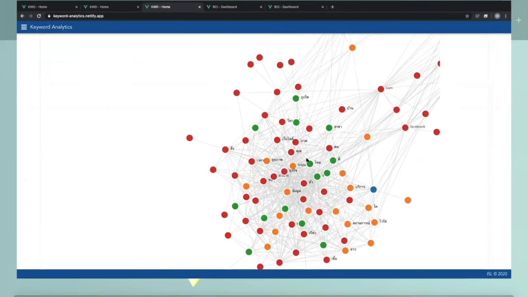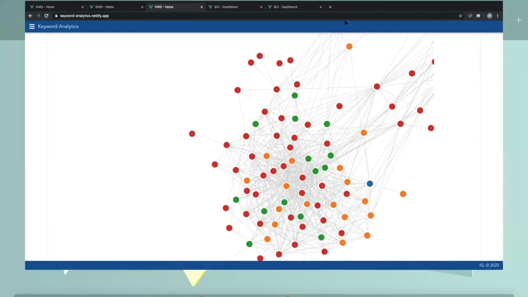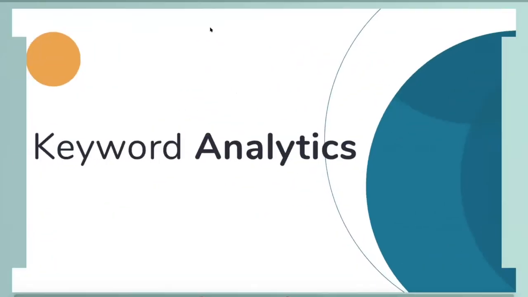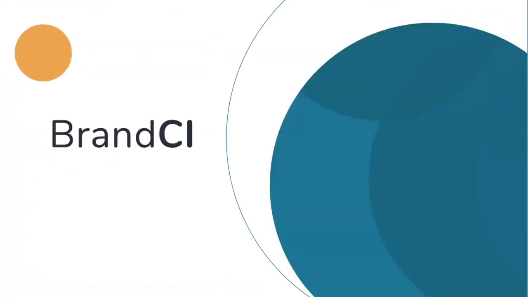So to sum up for keyword analytics, it's basically association between keywords or entities. We can find association for both person names, products, and even events. Another showcase of ours is brand CI.